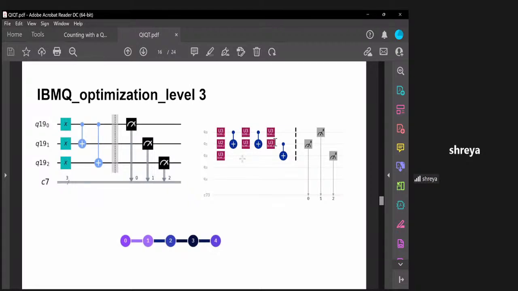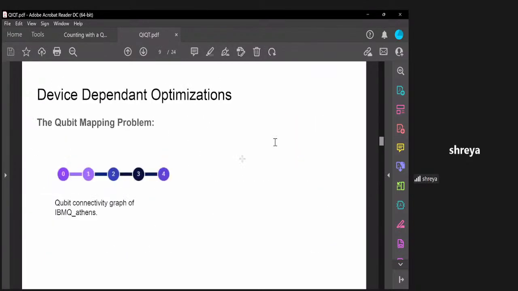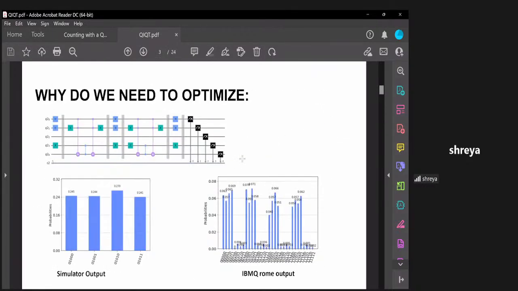For levels 1 and 2, it rarely occurs, but for level 3, the inbuilt optimization of IBM-Q does this allocation. They allocate the logical qubits to the physical qubits in a way that gives you a better result. But it's not optimal. The circuit that I showed you at the beginning with the crappy result, here I had used IBM-Q optimization level 3.